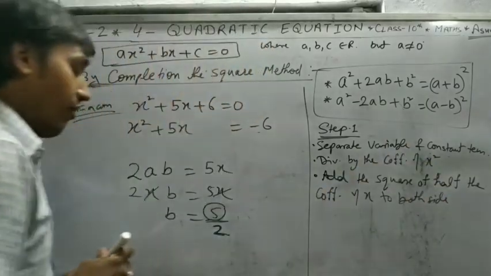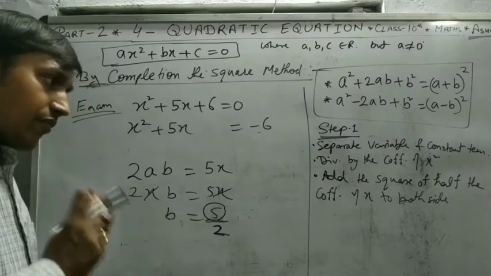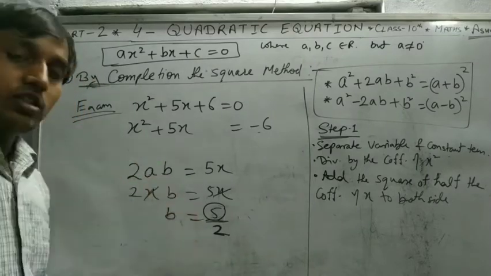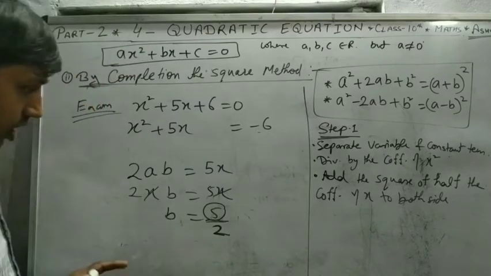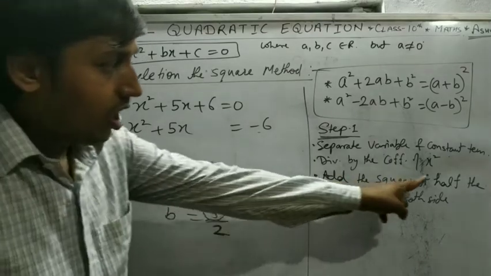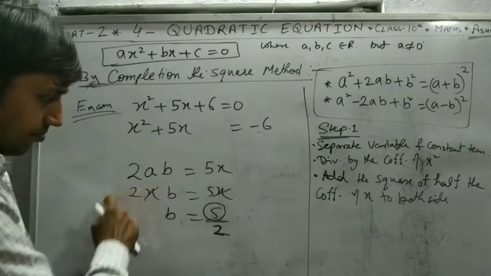When we solve equations, whatever we do, we have to do on both sides of the equation. I think you understand why we add half the coefficient of x, because we get it from here.